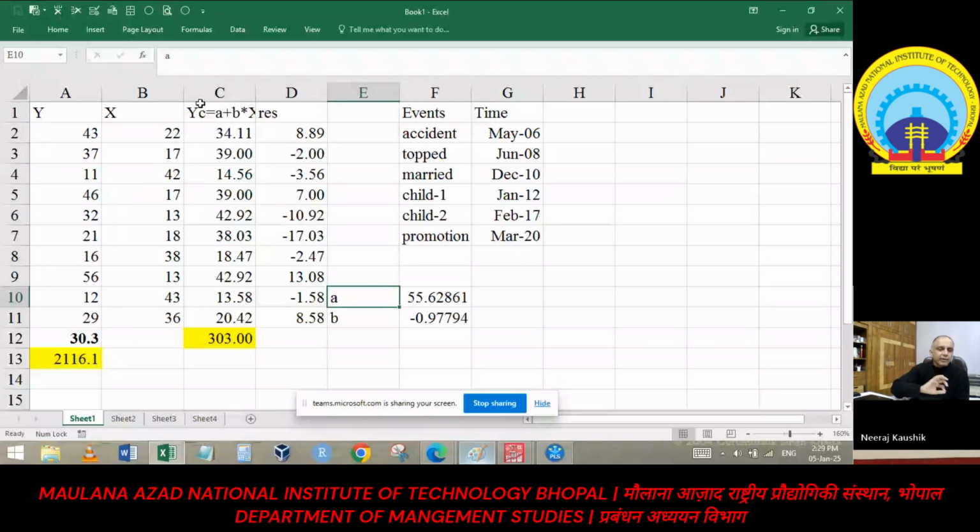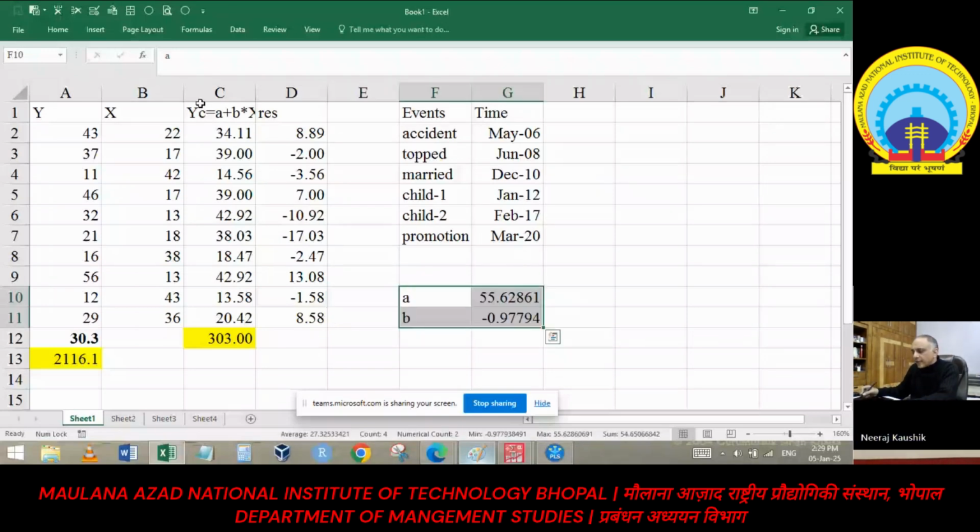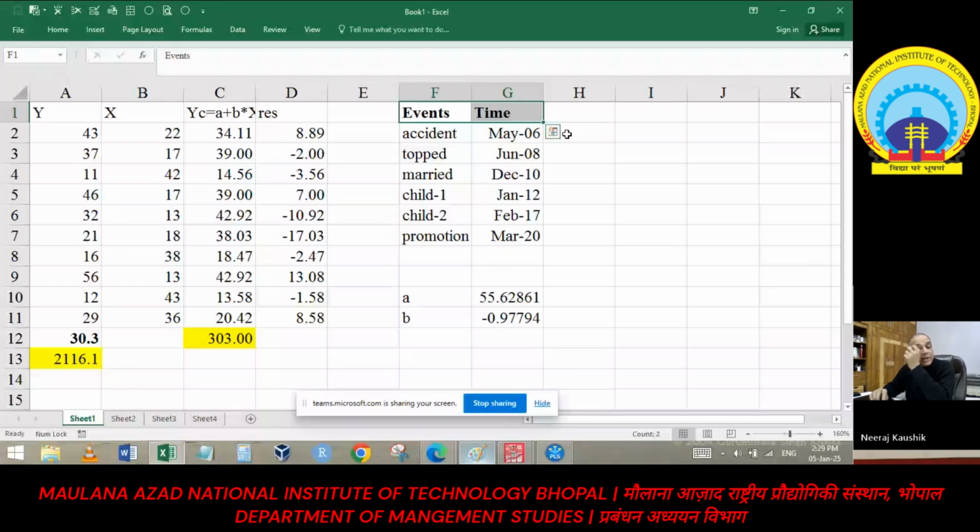Just take for a moment what I have done. Take the example back to the astrologer. I went to the astrologer. I asked the astrologer, tell me when I met an accident. The astrologer said, it seems in March 2006 you met an accident, it was a bad time. Actually, it was May 2006.